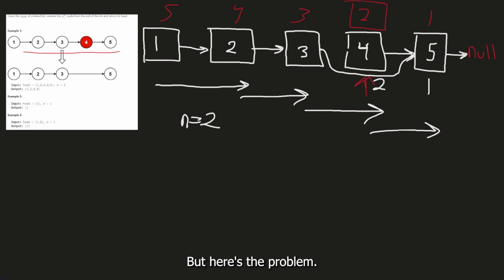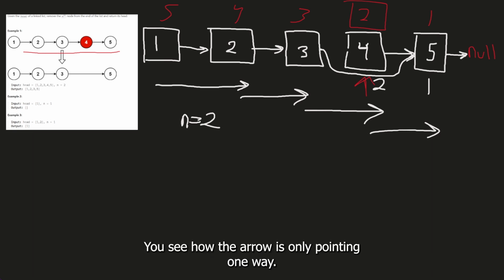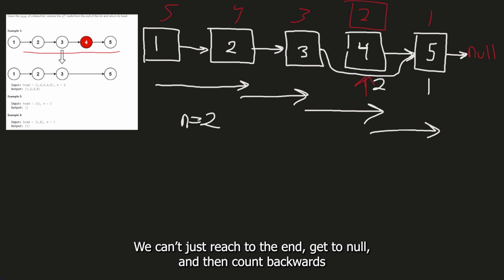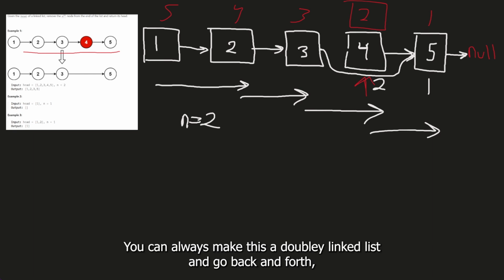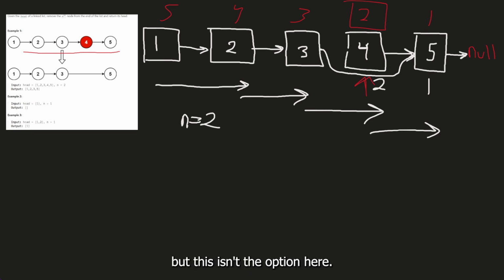But here's the problem. You see how the arrow is only pointing one way? We can't just reach to the end, get to null, and then count backwards. Because there is no arrow pointing backwards. We could always make this a doubly linked list and go back and forth, but this isn't the option here. We want to solve it with this problem.